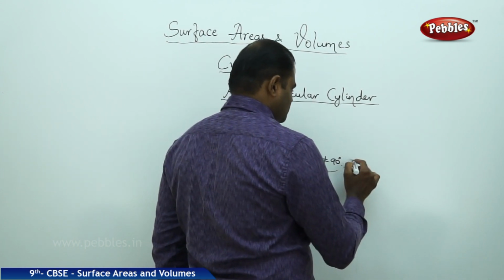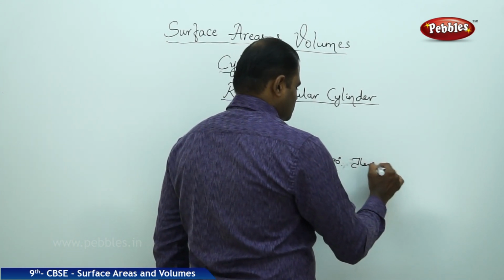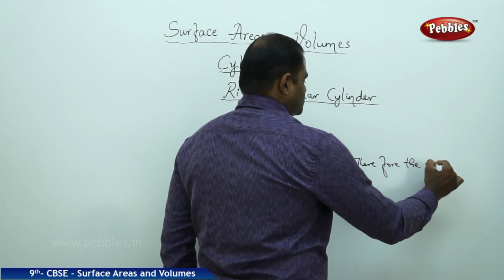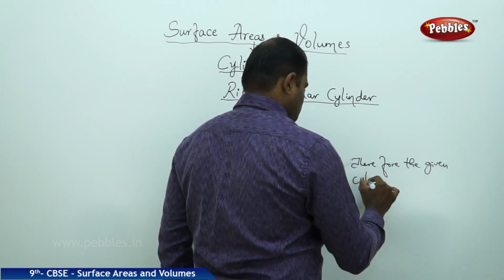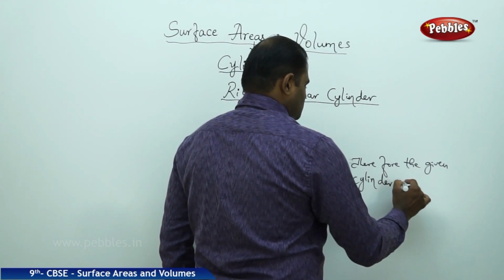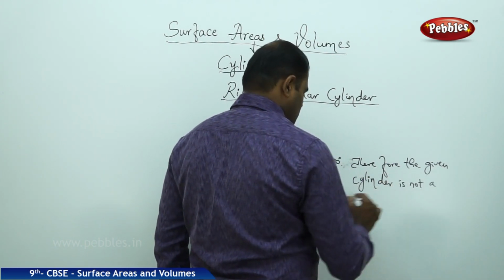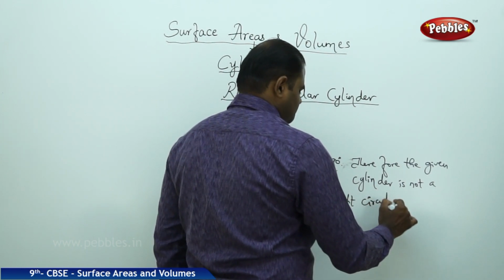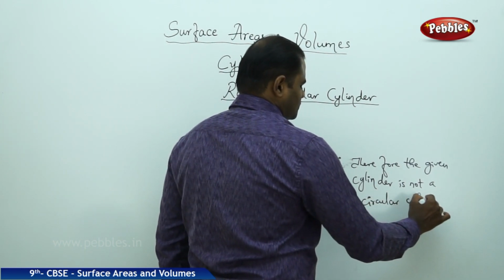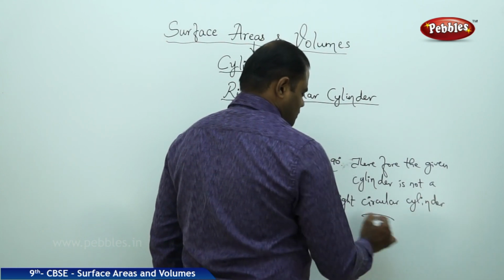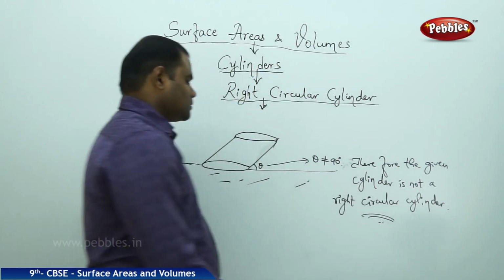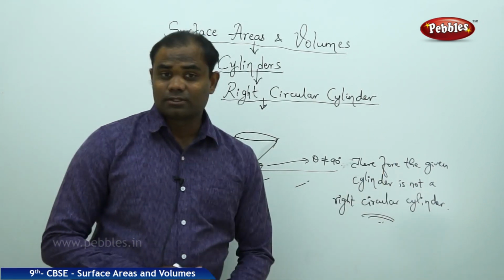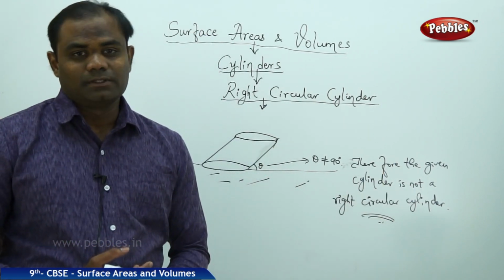Therefore, the given cylinder is not a right circular cylinder.